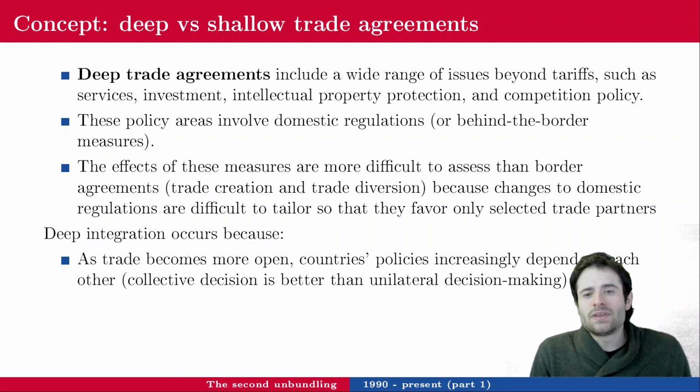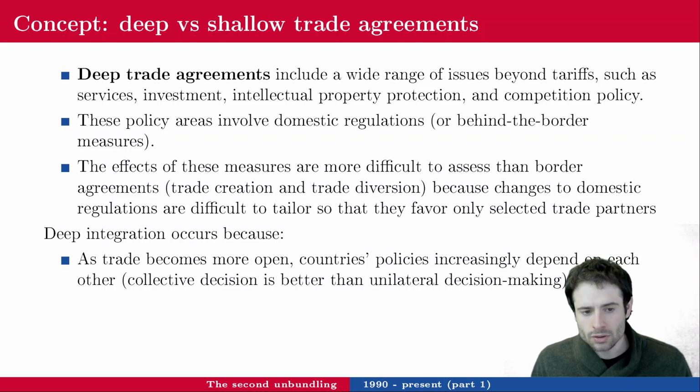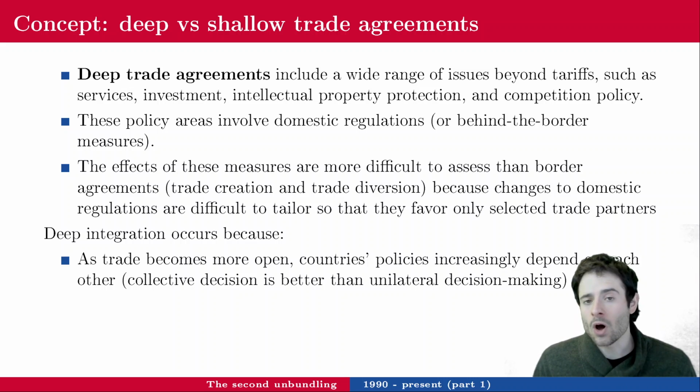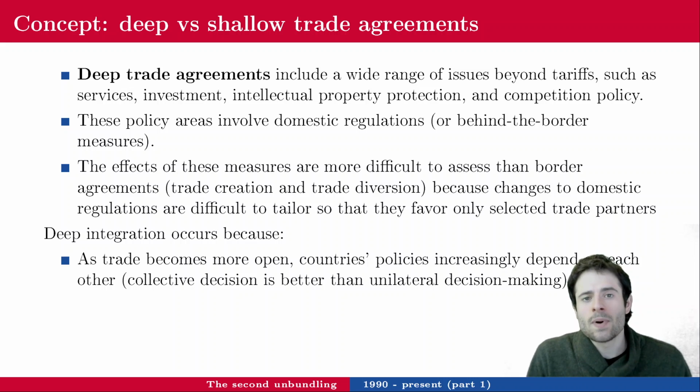So this deep integration, those deep agreement conditions, occur because when trade becomes more open, countries' policies increasingly depend on each other. Simply put, it's not just about tariffs anymore.